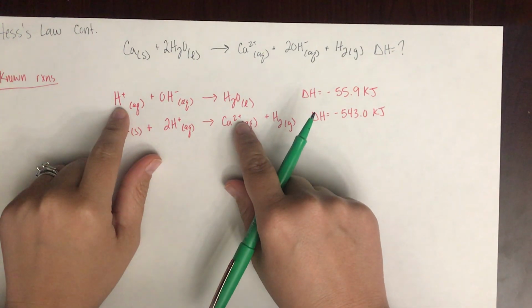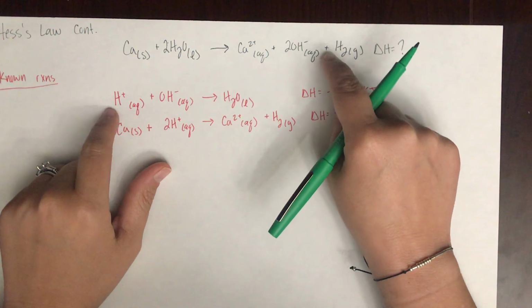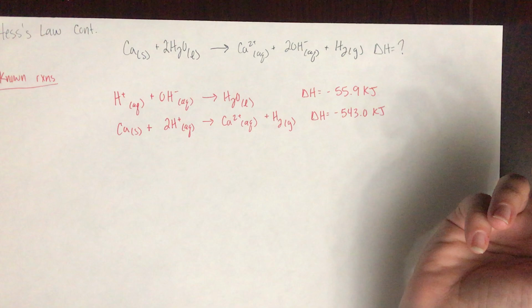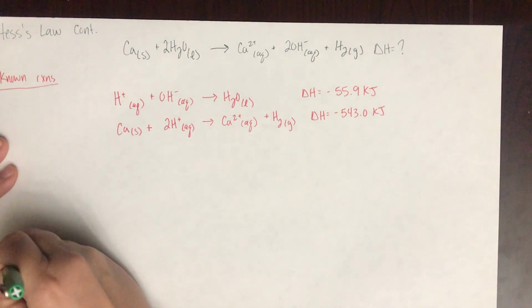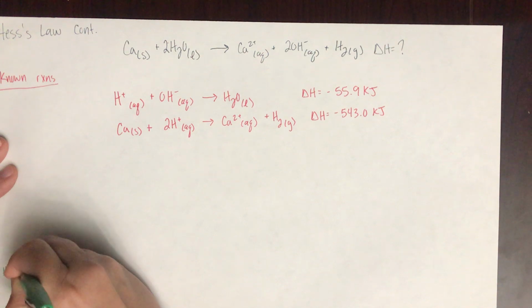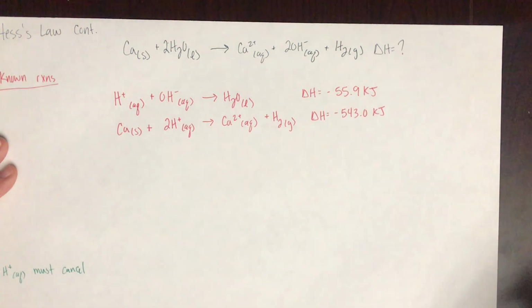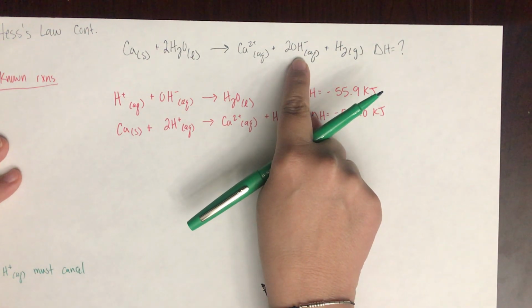So look here, hydrogen ions are nowhere in this reaction. So I'm just going to write down some things that I know, maybe down here at the bottom. So hydrogen ions must cancel. So that's something I know I need to do. Hydroxide needs to be a product.